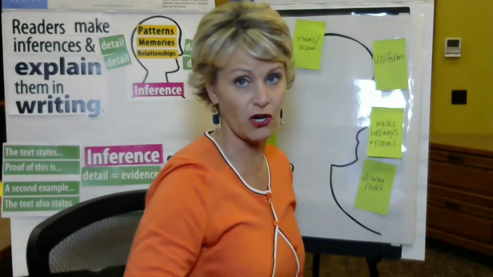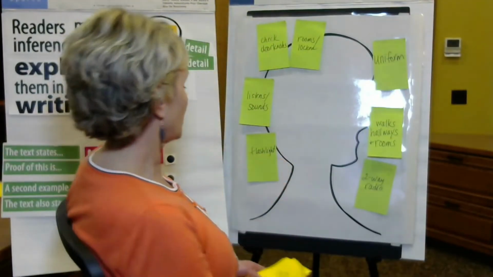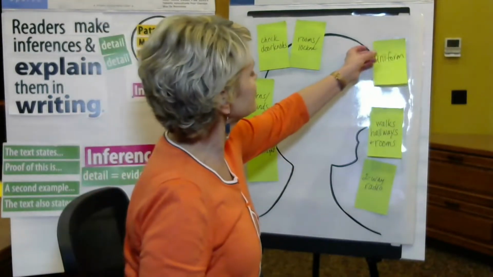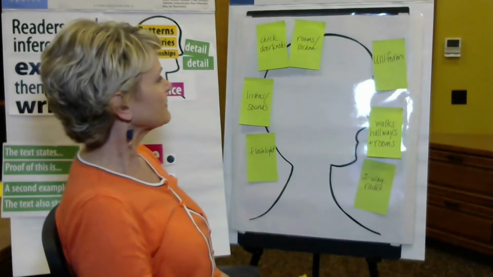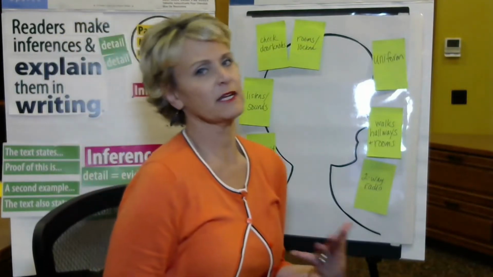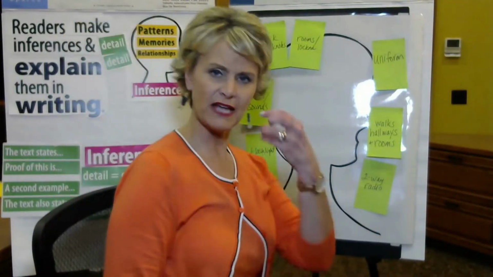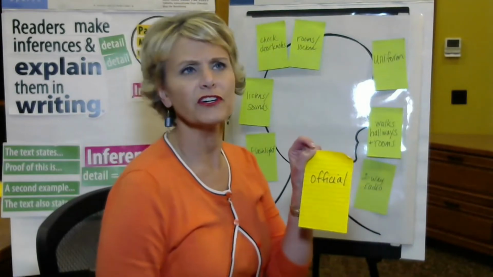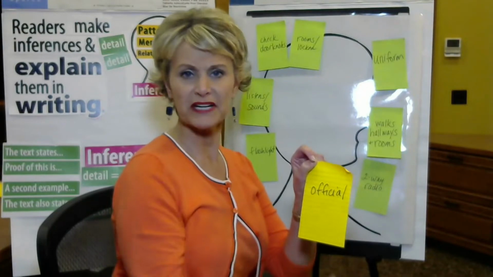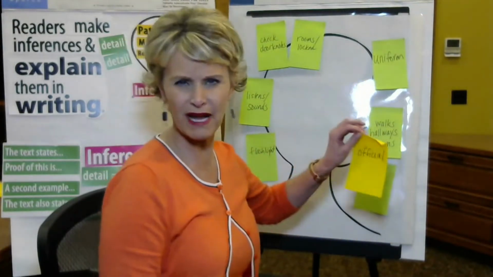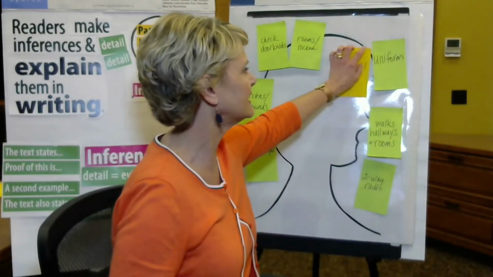All right, I'm doing this all in one sitting now. Okay, so as I see this idea of uniform, the first thought I have is that it's something official. Because if you have a uniform, then you stand out, you look different, and you're not wearing everyday clothes. So he has some kind of official capacity.